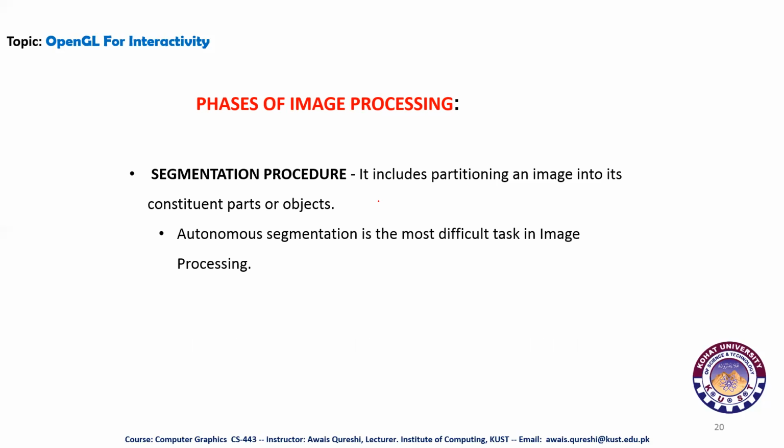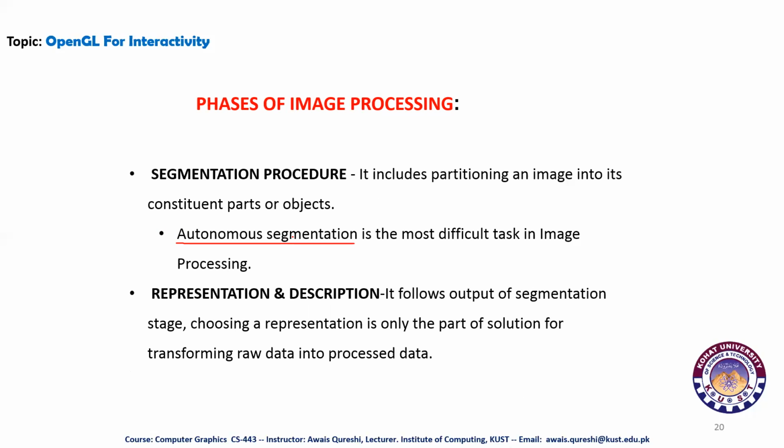Okay. Autonomous segmentation is the most difficult task in image processing. How do we automatically segment an image so that the overall distribution of the color is not disturbed? This is the most difficult task in image processing, which is called autonomous segmentation.